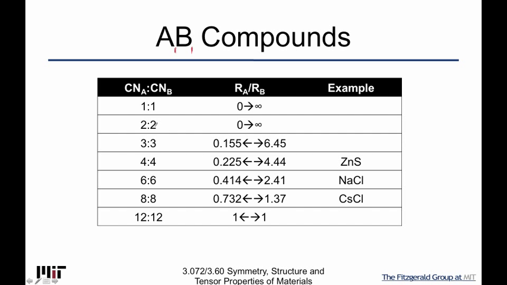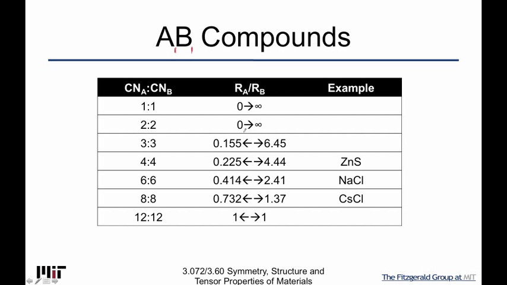But remember, it could be 2 to 2, could be 3 to 3, could be 4 to 4, 6 to 6, 8 to 8, 12 to 12. That's a little tricky thing, which is that we only have the relative ratio, but we actually don't know what the exact coordination is in each case. So of course, if it's just 1 to 1, then basically there's no restriction on RA or RB. Same thing with 2 to 2.